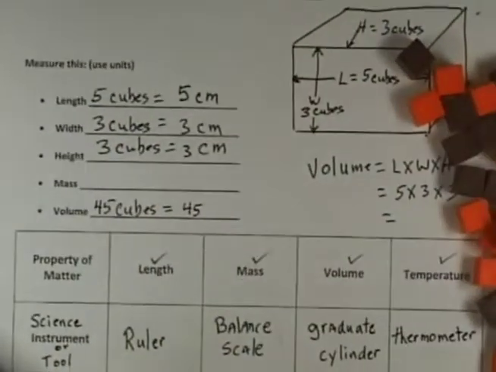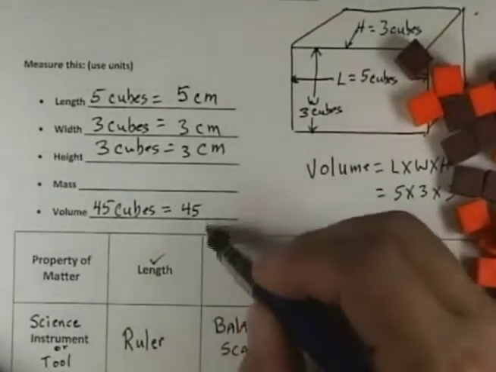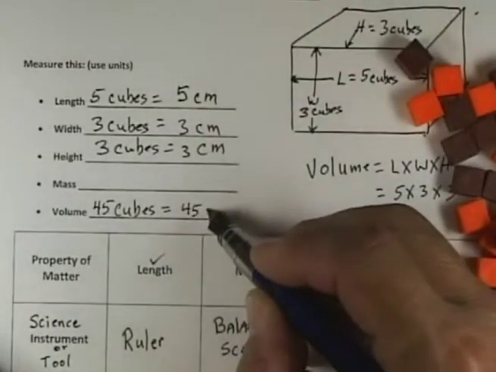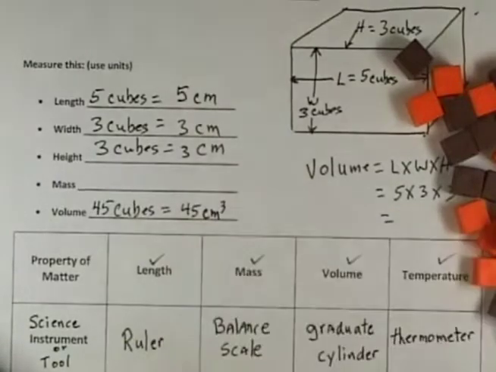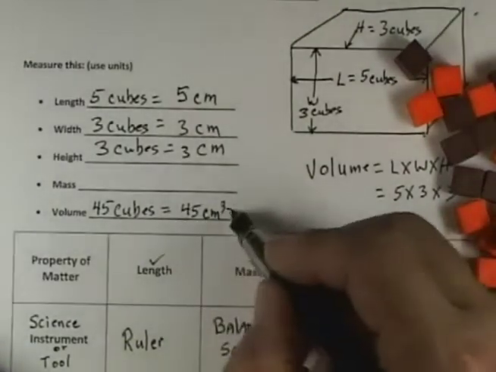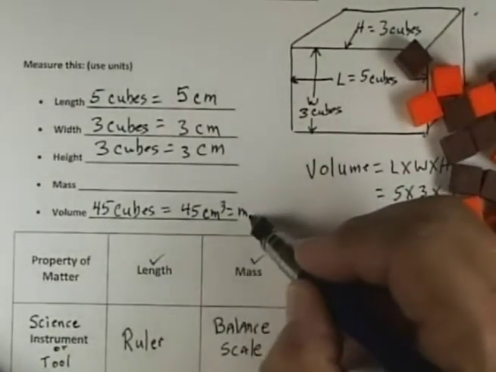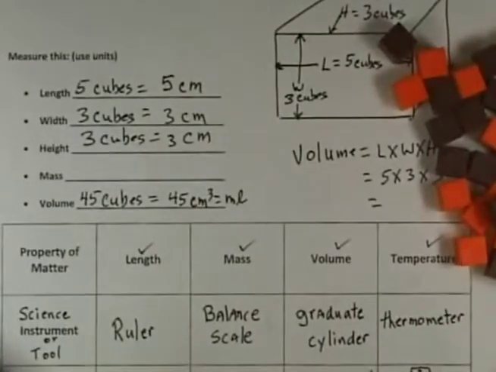Oh, you know what? These are cubes, so it's 45 centimeter cubes. And it is 45 milliliters if it was water.